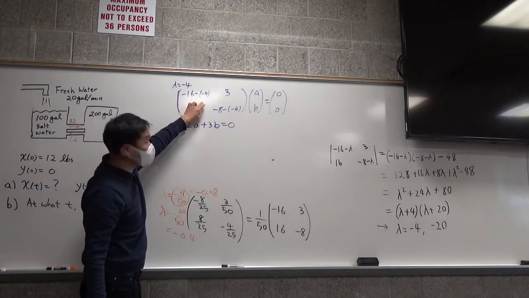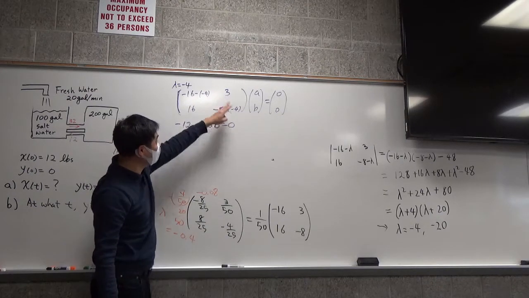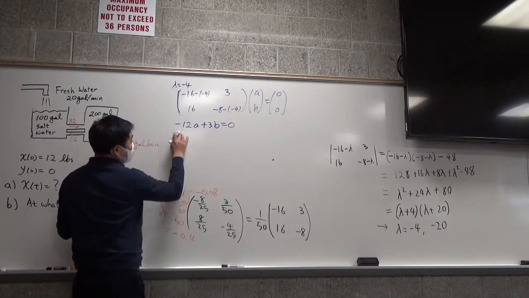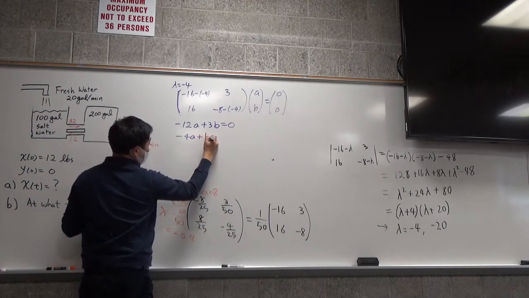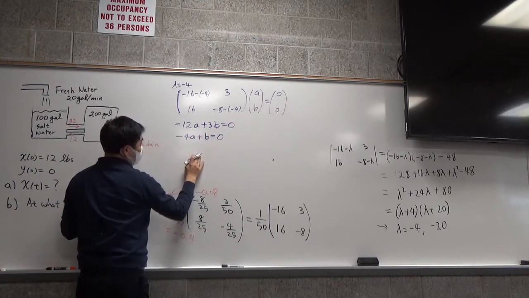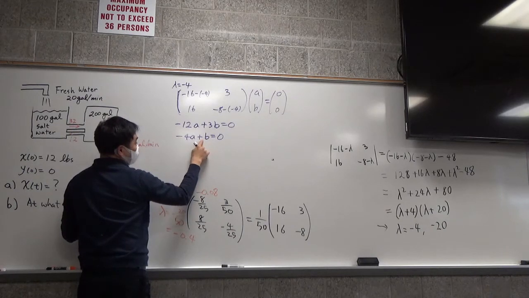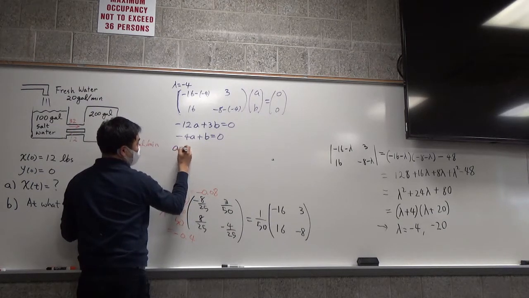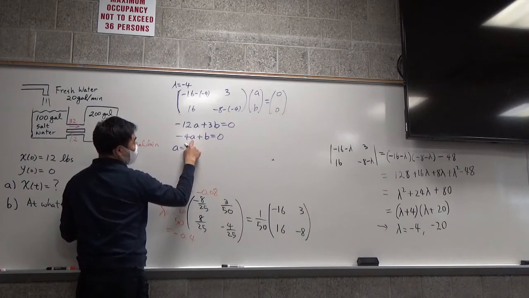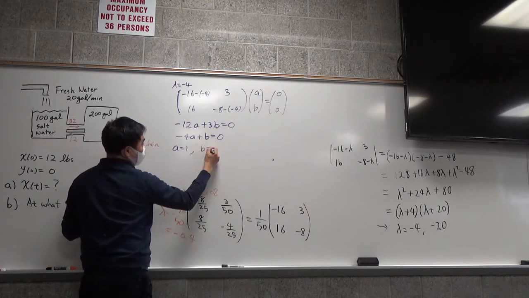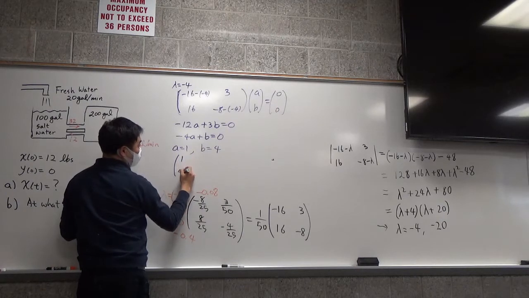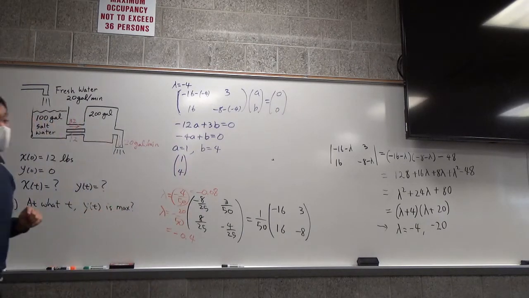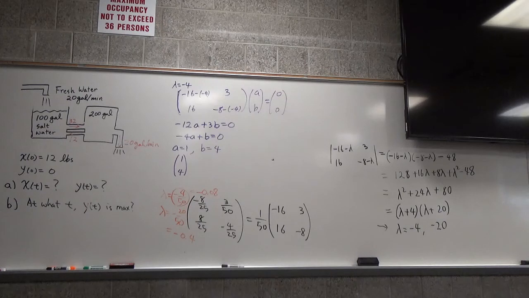Negative 16 plus 4 is negative 12, and 3B equals 0. Then you divide both sides by 3, so you get negative 4A plus B equals 0. And since B has coefficient 1, I can set A as 1. Then if you plug in 1 and solve for B, you get B equals 4. So that gives you the eigenvector 1, 4. Okay?